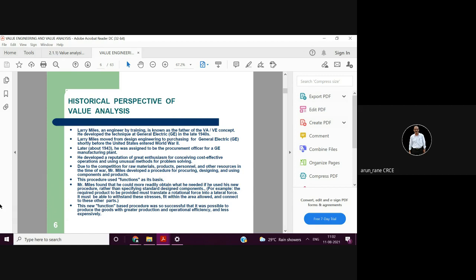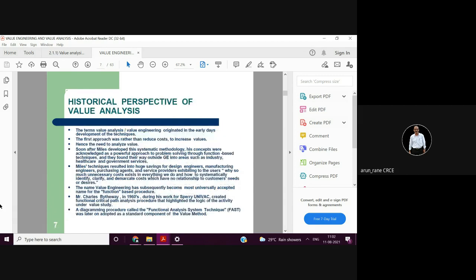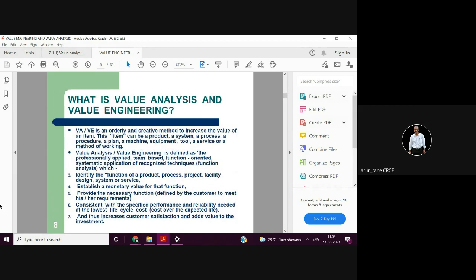So here it is, the historical background of value analysis. From the examination point of view, it is not that important. It gives how over a period value analysis was developed.